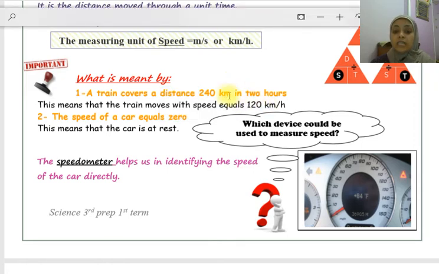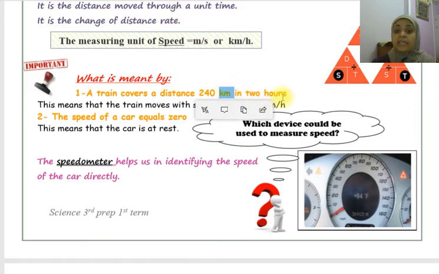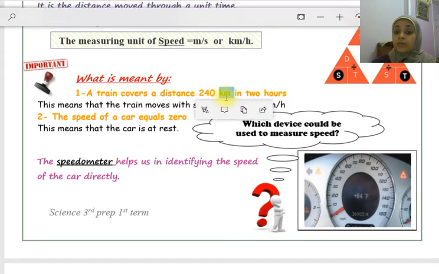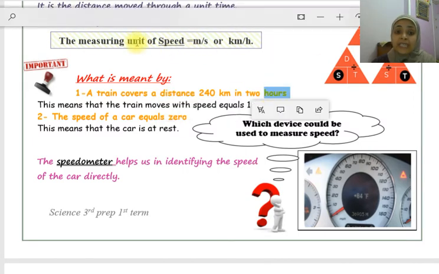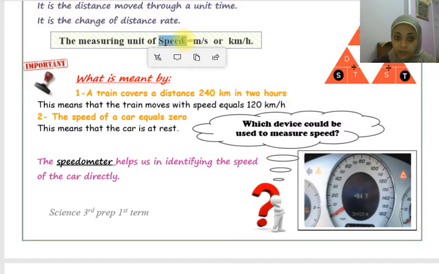So, he used the kilometer and hours: the kilometer for the distance and the hours for the time. So when we have the distance and the time, we can get the speed. How? The speed equals distance divided by the time.